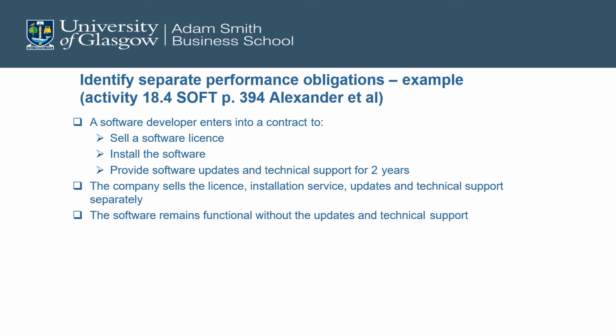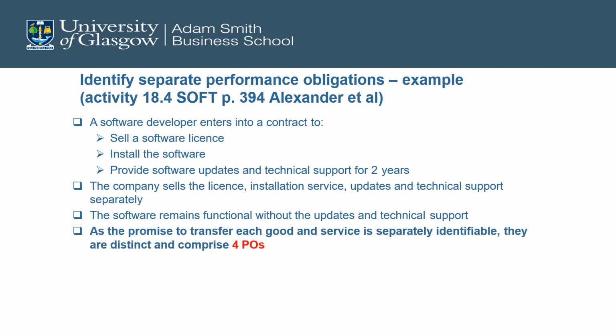The software would remain functional without the updates and technical support, so you would be able to see each as a distinct PO. So one way you could see it is as a promise to transfer each good, which is license, installation, updates, and technical support. They can be treated separately and they comprise 4 POs.